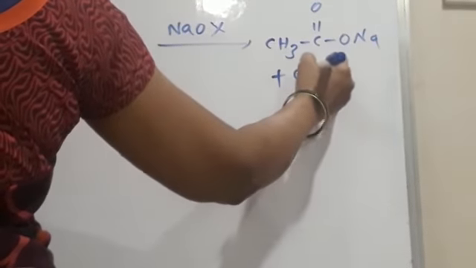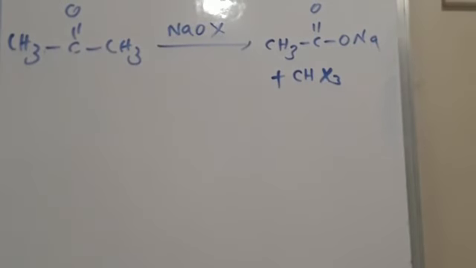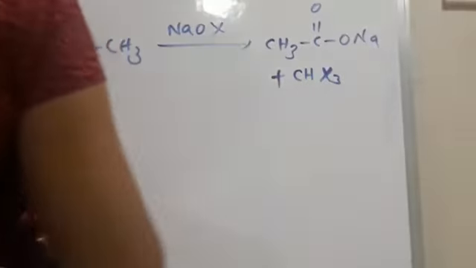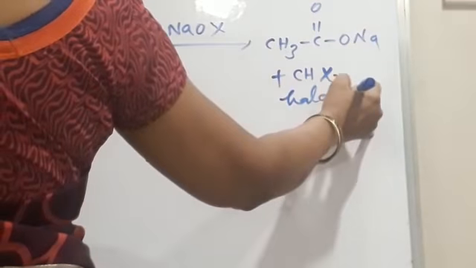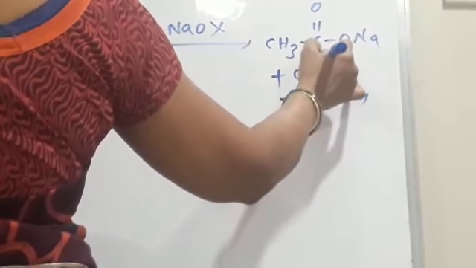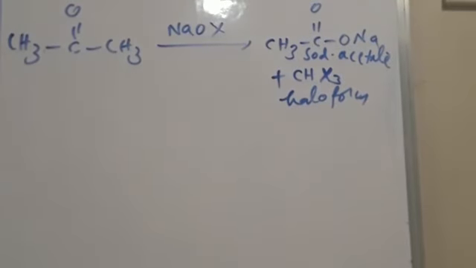Along with this, we also get haloform. If it is chlorine, we get CHCl3, chloroform. If it is bromine, bromoform. So in methyl ketones, the alkyl group converts into haloform. This is oxidation of ketone, and we can identify ketones by using this test.